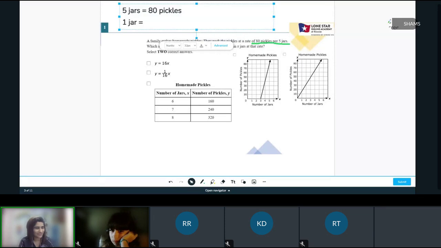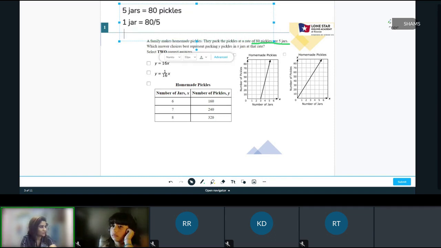Joycelyn, excellent. Absolutely correct. You will do 80 divided by 5, and that will tell you that there are 16 pickles per jar. If the unit rate is 16 pickles per jar, how will you express that as an equation?